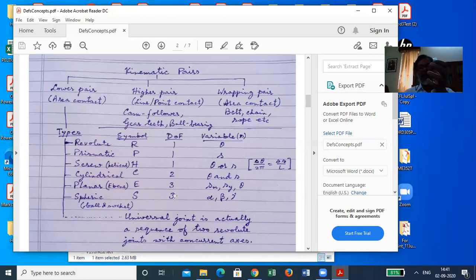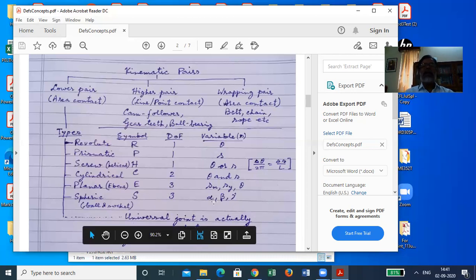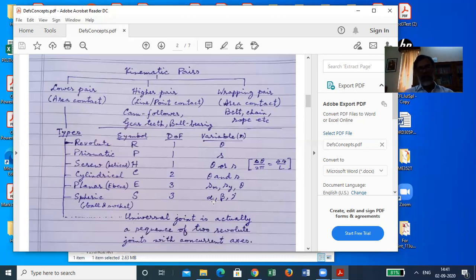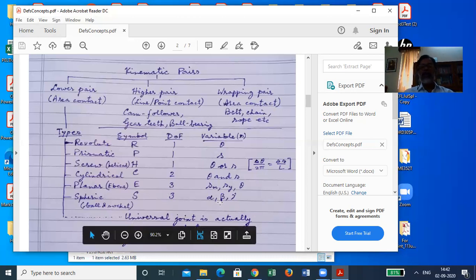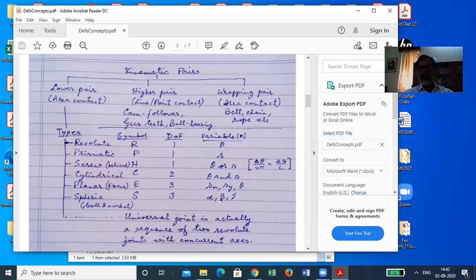This fellow can stay in its own orientation, and this fellow can go on turning about all the 3 axes. Okay. So this has 3 variables. How you parameterize them, how you describe the independent rotations, that is up to you. Okay. So there are many possibilities of describing the complete rotations through 3 independent variables.